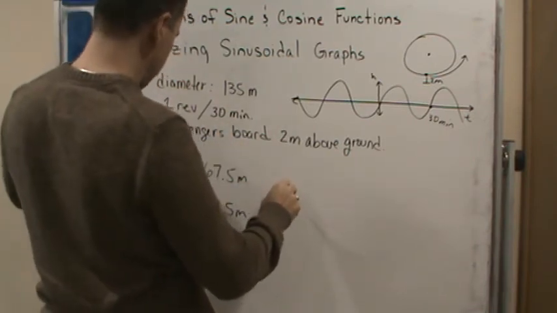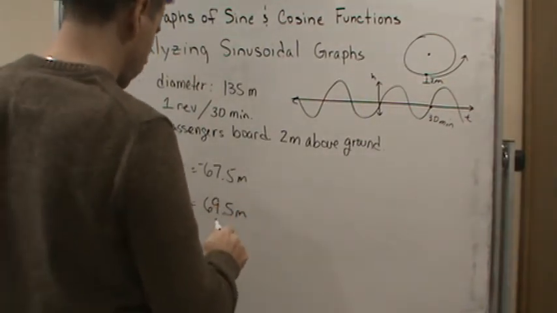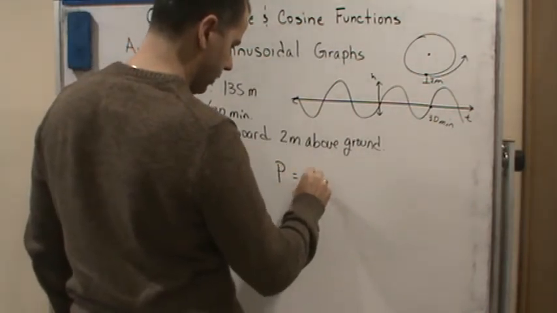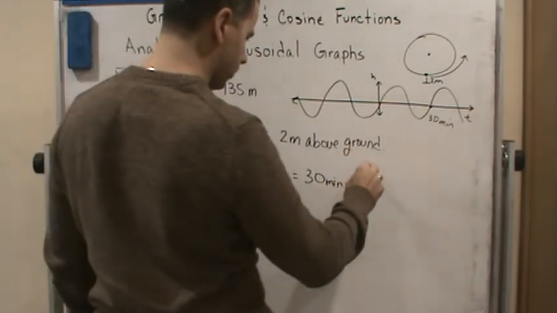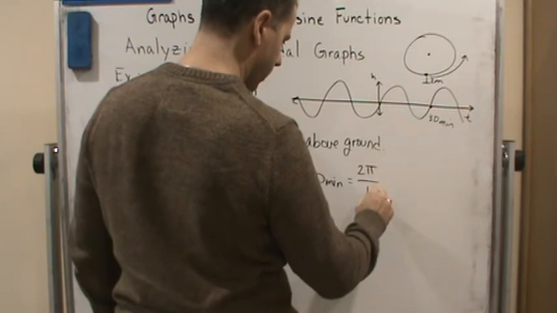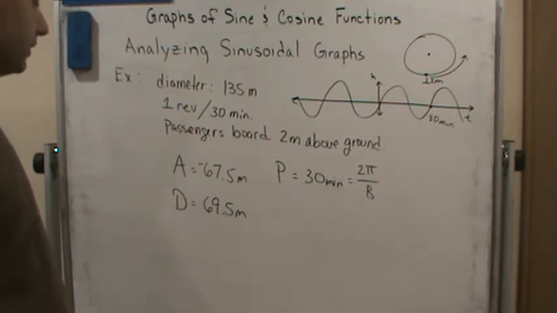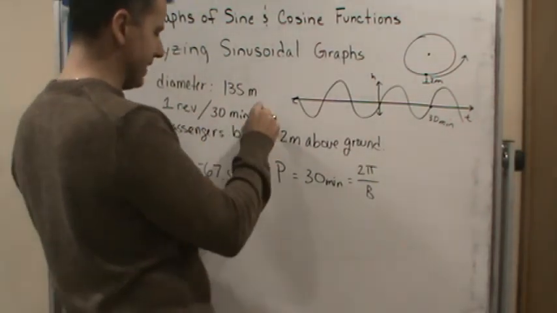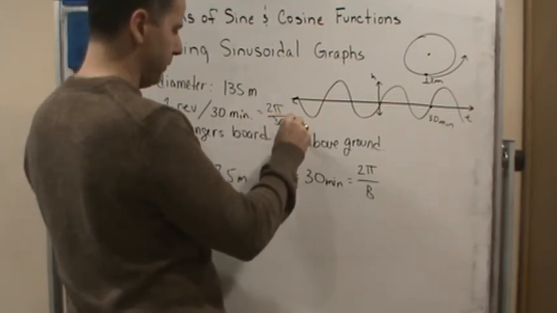So, B. The period equals 30 minutes, but P is equal to 2 pi over B. It makes sense because 1 revolution per 30 minutes is the same as 2 pi over 30 minutes.